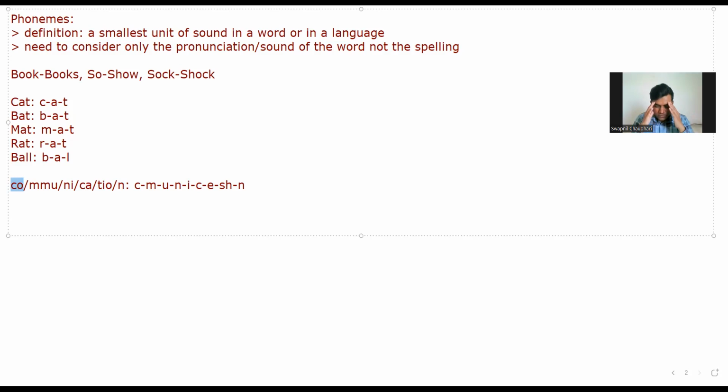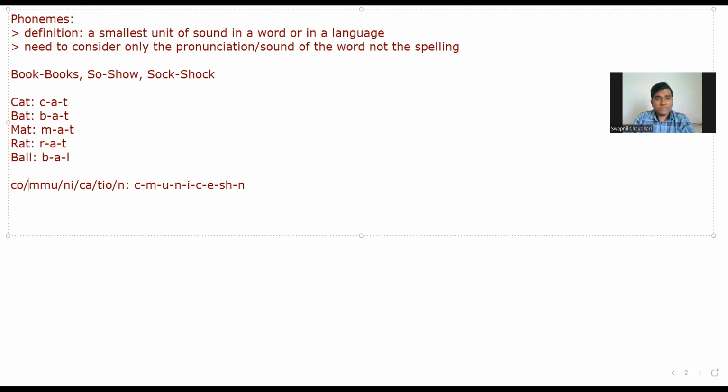So close your eyes and just try to say this word. Communication. Right? So the first part of the word ka, it's not ko, it's not o, it's just ka. So this letter is silent. So we have one phoneme, ka, right?